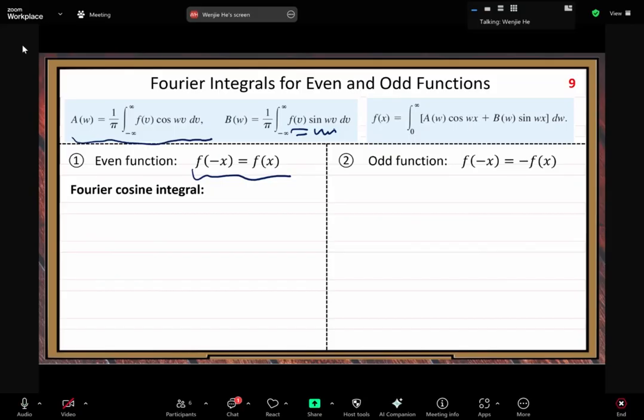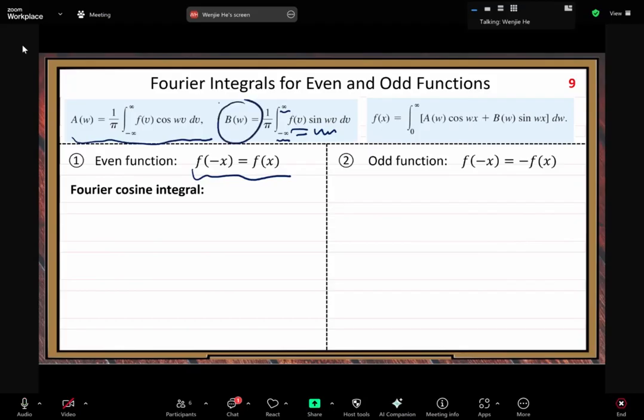When we take the integral of an odd function on a symmetric interval, from negative infinity to positive infinity, the positive half and negative half cancel out.